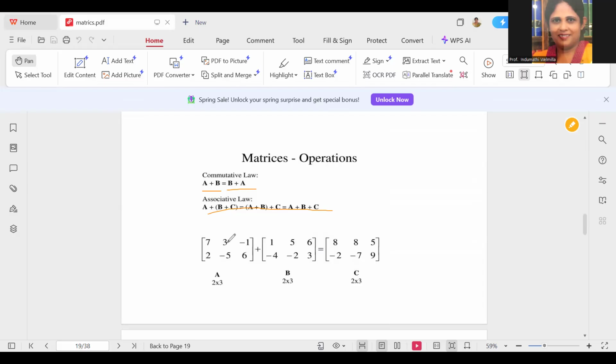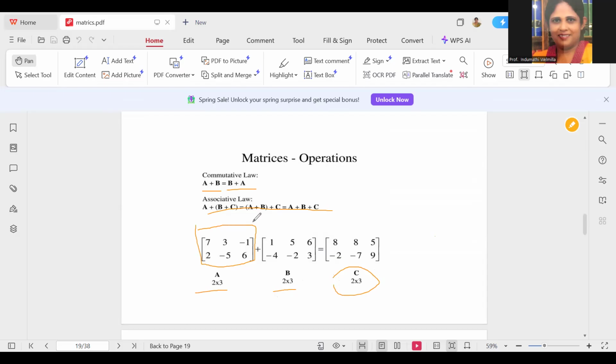So just think this is matrix A, and its size is 2 by 3 because it has 2 rows and 3 columns. Then we need to add it to B, and therefore B also should have 2 rows and 3 columns, right? The sizes of the two matrices we want to add should be equal. And after we add the two matrices, we get a matrix of the same size, that means 2 by 3.